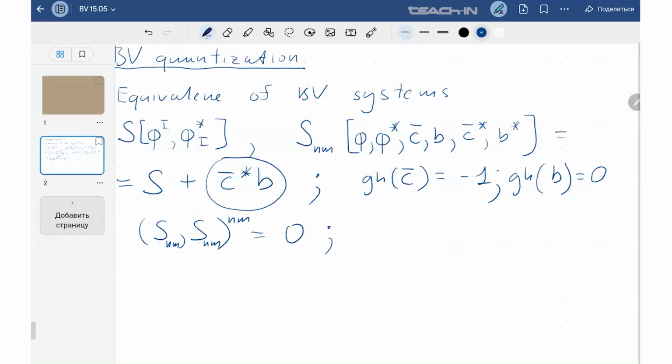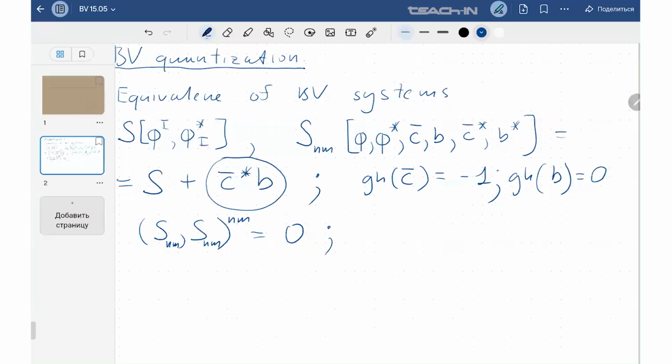So they are gone, and variables c bar and b star, they are of degree -1, and they are just like anti-fields for b and c bar star. So they are usual.